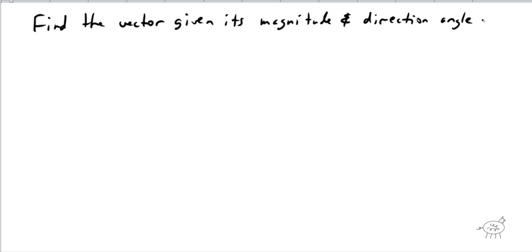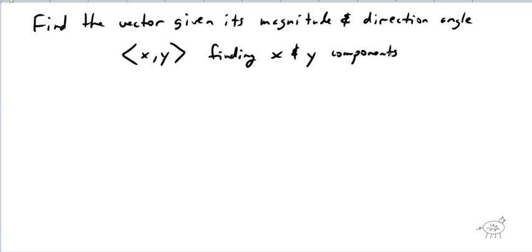And basically what we're doing here, and we've done this before, we're kind of working backwards. So before I gave you the vector and you found the magnitude and direction angle, now I'm giving you the magnitude and direction angle and you're finding the vector. And truly what you're doing when you're finding the vector, you're finding x, y. So all you're doing here is you're finding your x and y components.